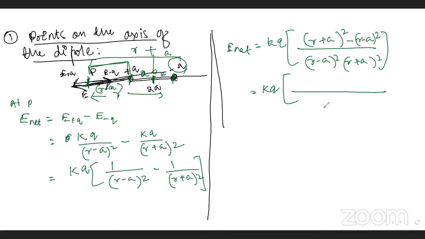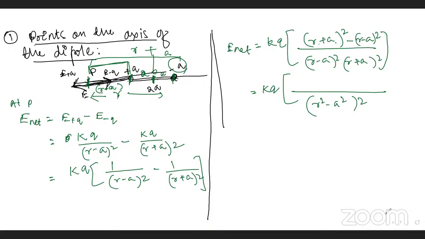What can we write? (A plus B) into (A minus B) will be A square minus B square, whole square. And in the numerator, (A plus B) whole square is A square plus B square plus 2AB, and (A minus B) whole square is A square plus B square minus 2AB. So the minus is there, and they cancel out.